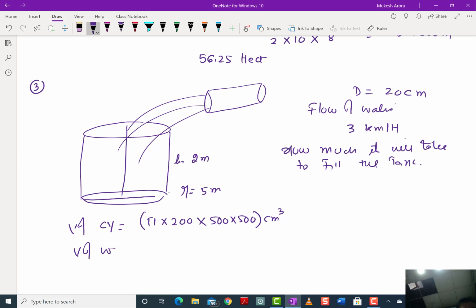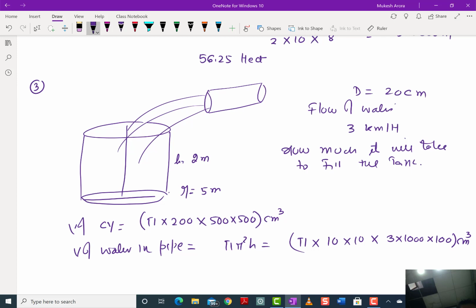Volume of water in pipe is again pi r square h. Pi into 10 into 10, h is 3 into 100 into 1000 centimeter cube.